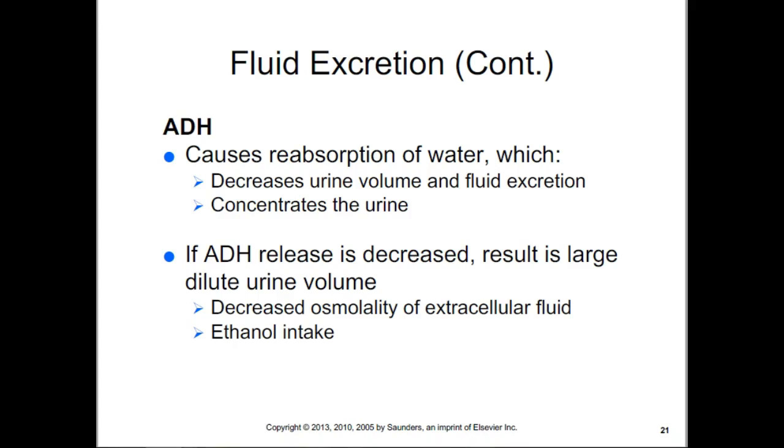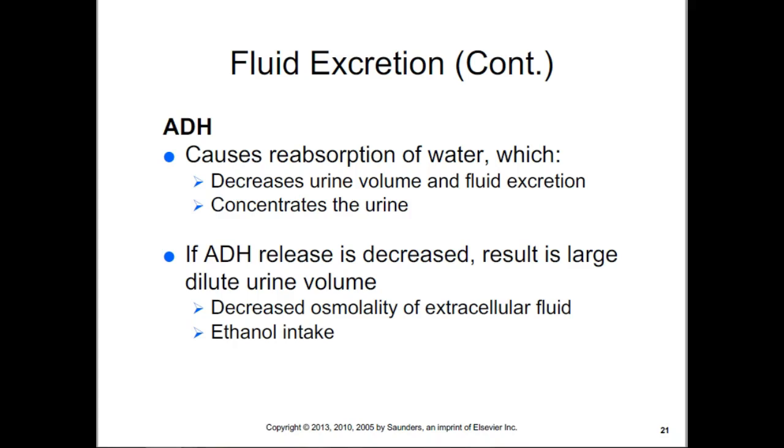And remember, the word diabetes is a polyuria of metabolic origin. So you have two types of diabetes. You have diabetes mellitus, which is sugar diabetes, and you have diabetes insipidus, which has to do with ADH, or vasopressin.